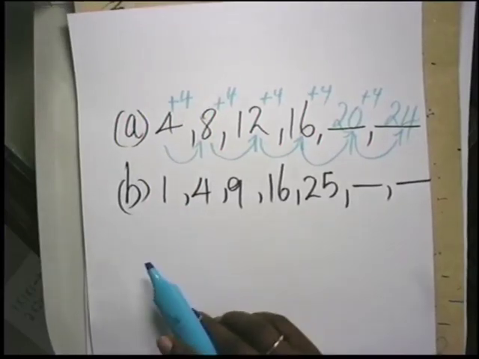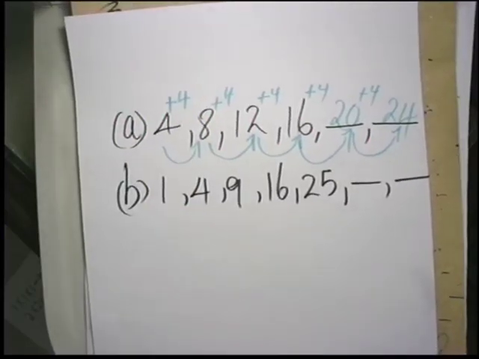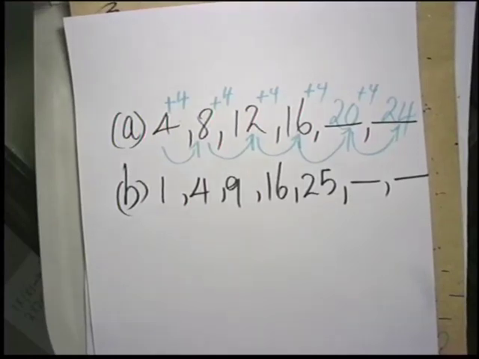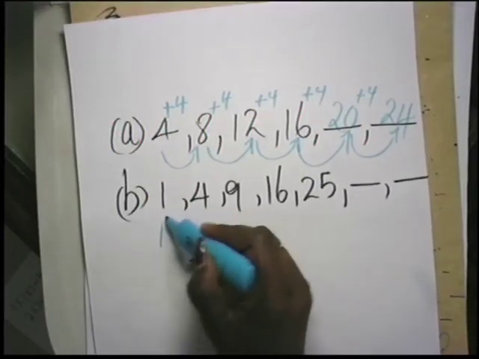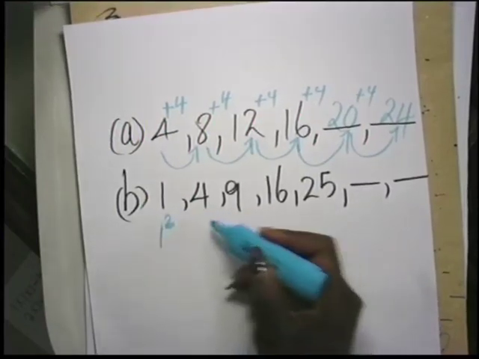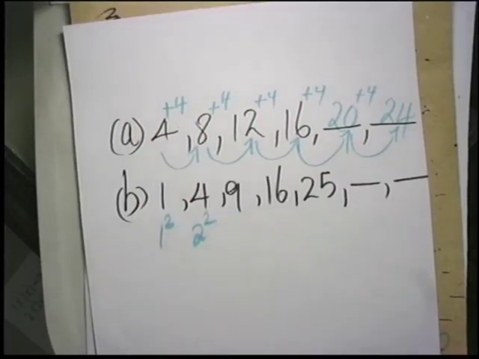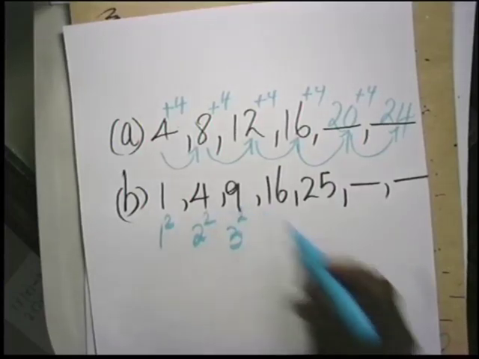Now I'm looking at these numbers 1, 4, 9, 16, 25. Aha. Ms. Shifula Dama told us to learn all types of numbers. I can immediately see that these are square numbers. 1 squared is 1. 2 squared is 4. 3 squared is 9.